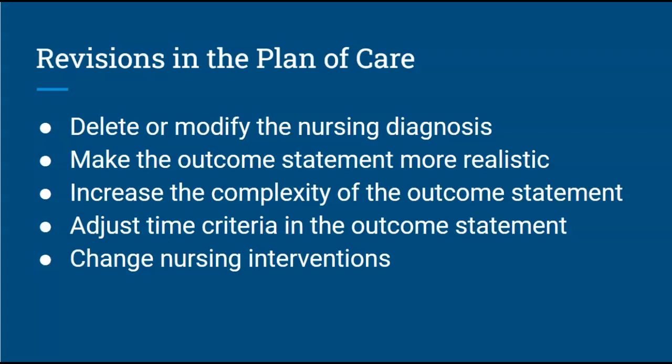So make the outcome statements more realistic. Always remember that you need to include time criteria with your plan. And sometimes we need to change nursing interventions to help that patient reach their outcomes.